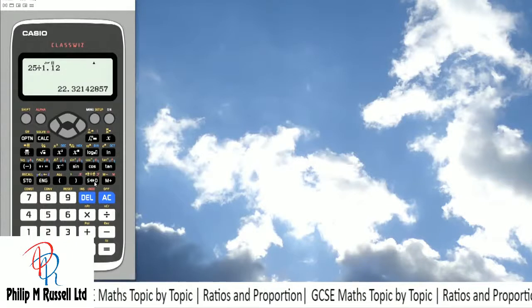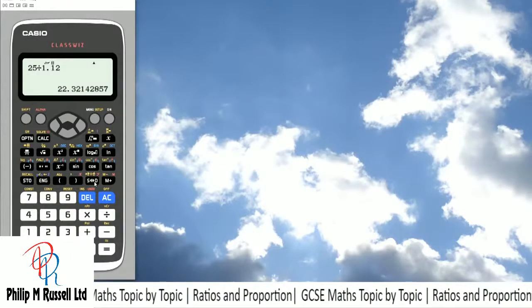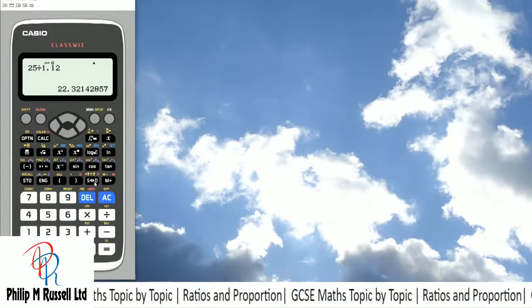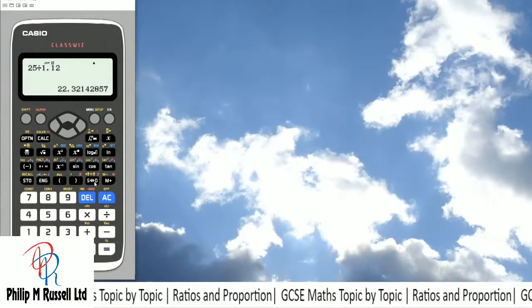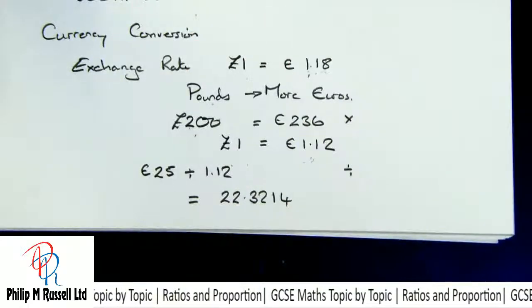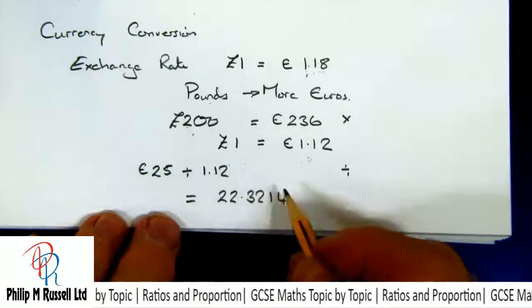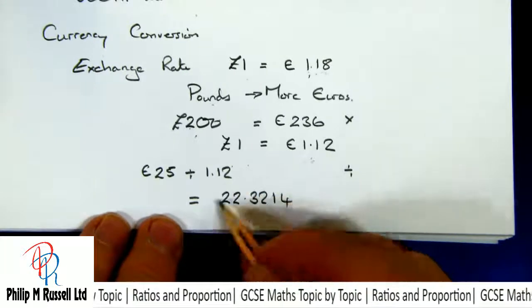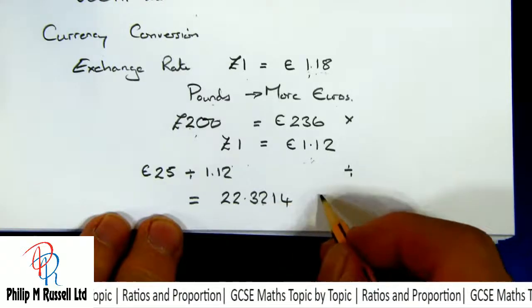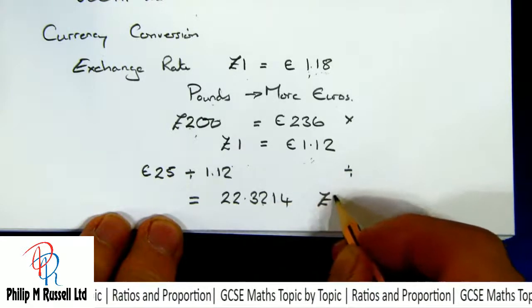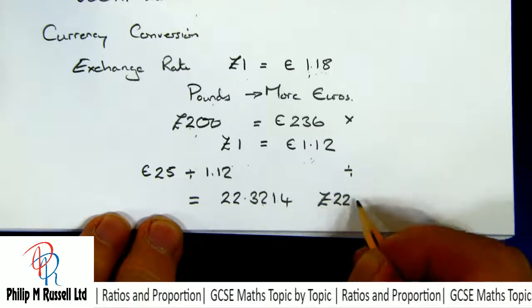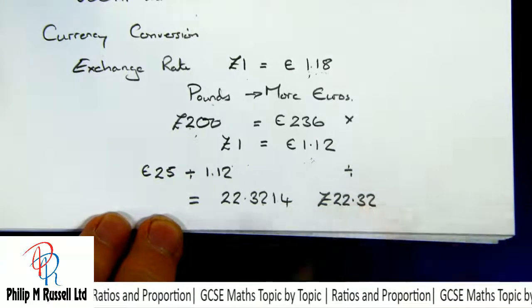I've got 22.3214. I've got to round to the nearest penny, so this is going to give me £22.32.